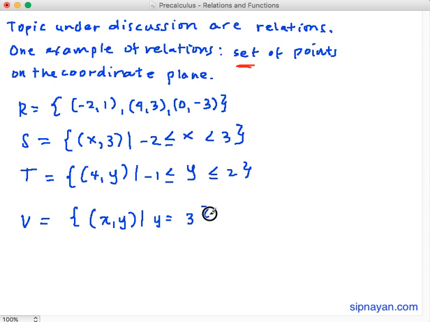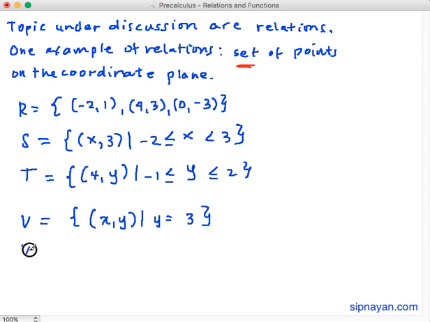So, pwede yan. O kung gusto niyo naman, pwede nyo na idiretso x, 3, o pwede nyo dagdagan ng condition na x is the set of real numbers and y is the set of real numbers. But here, I think understood naman tayo na yung pinag-uusapan natin ay real numbers.